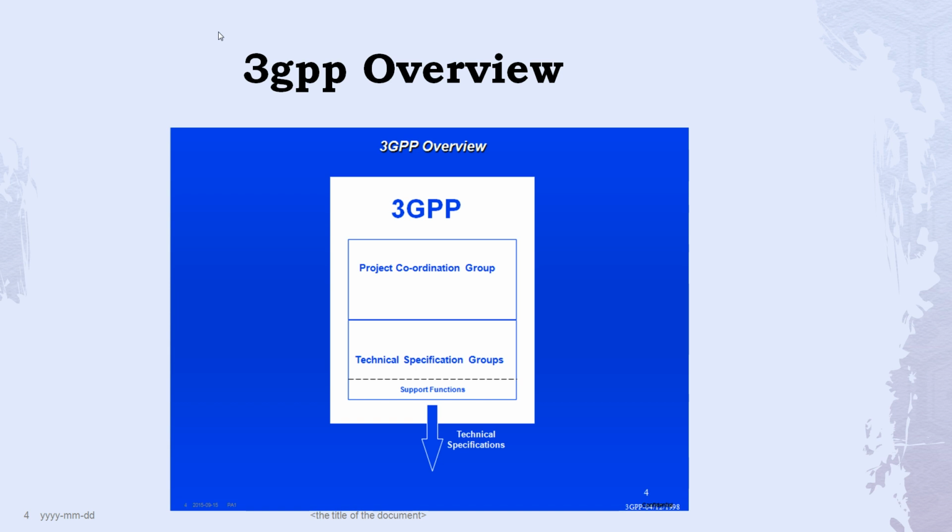Each of these TSGs is responsible for preparing, maintaining, and approving these specifications within their field of expertise. The TSGs always report to the PCG. The TSGs have a lot of subgroups within the different fields called working groups, which I will mention later on.